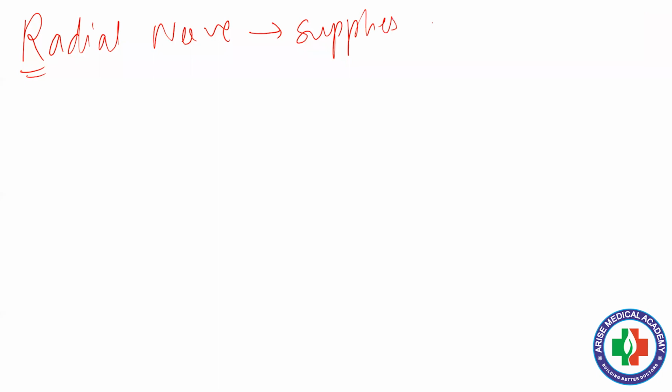I want you to understand that the radial nerve is the chief nerve supplying everything posterior in the upper limb. It supplies almost everything on the posterior aspect of the upper limb. So the course we understood.